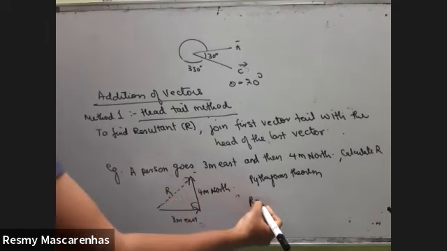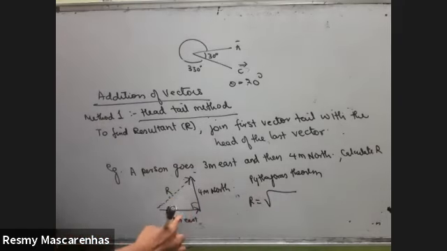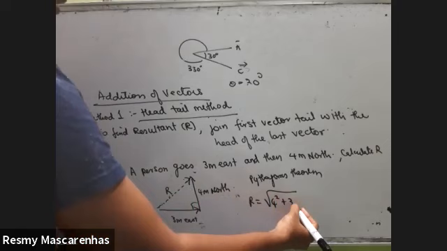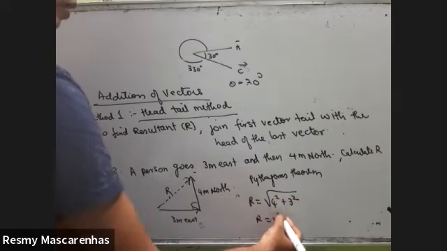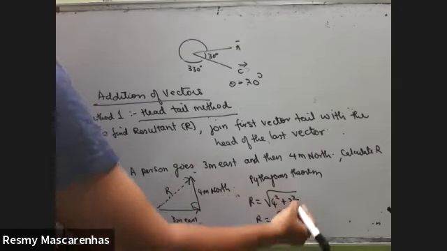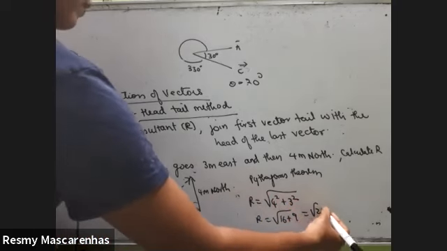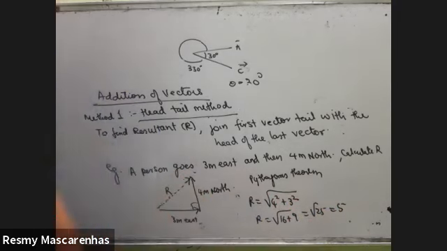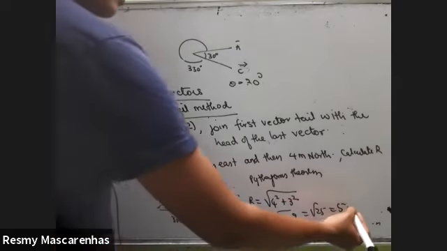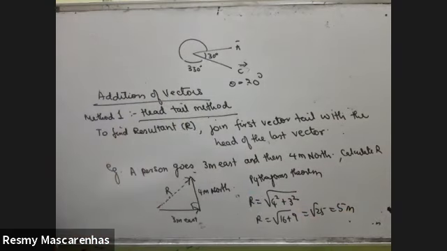R will be square root of always the side squares. 4 square plus 3 square, that will be 16 plus 9, so root of 25, which is 5. That would be 5 meters. So displacement is 5 meters and distance would be 7 meters.